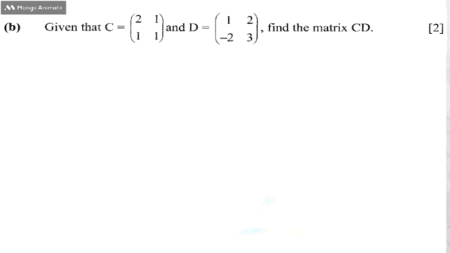So I'm going to write CD. That is matrix C multiplied by matrix D. Make sure you do not interchange the matrices. If we're given CD, you do not multiply matrix D by matrix C. The products will be different.